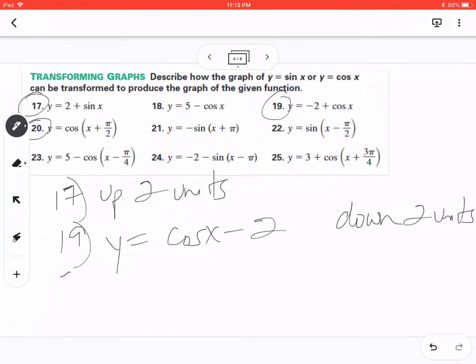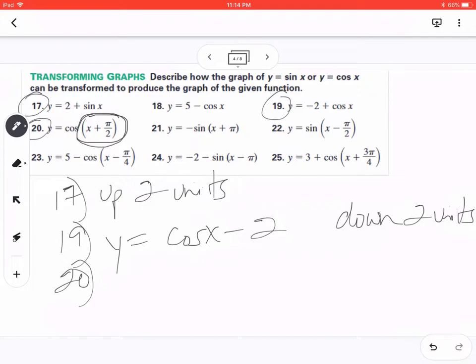Number 20. In 20, inside the parentheses is changing. Whatever the value inside the parentheses is changing, it's a horizontal shift, either left or right. And x is added with pi over 2 radians as the unit.